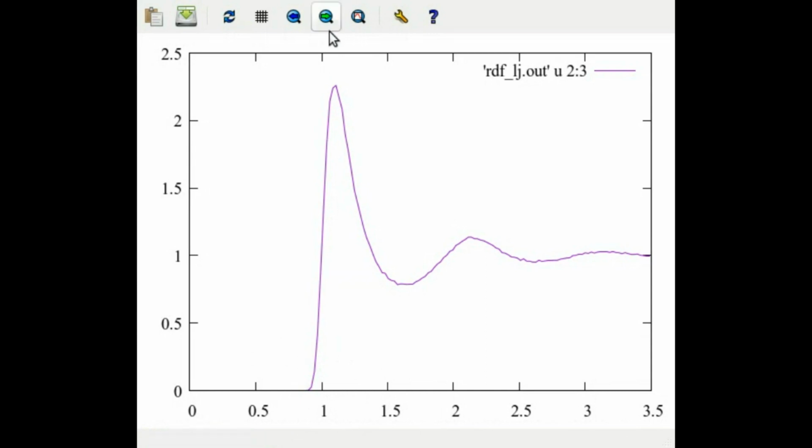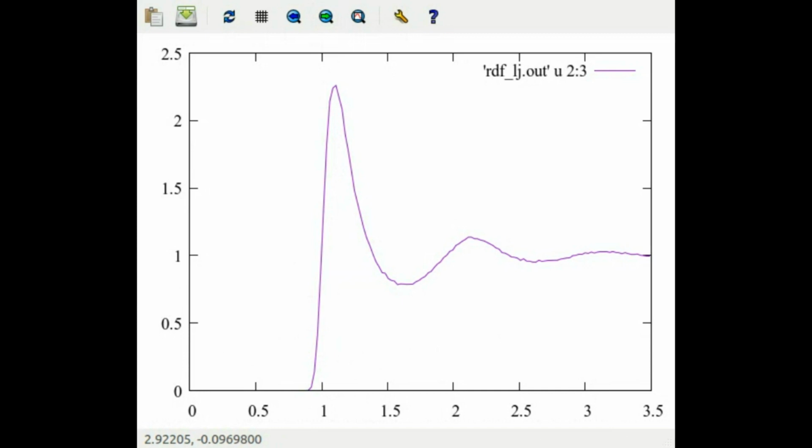Then what do you get? Well, you start to get a peak. This peak represents the first shell of particles. So roughly speaking, when you have one particle, you'll get a certain number of particles that will naturally fall around it in the first shell, and then you'll get a second shell of particles around it, and so on.